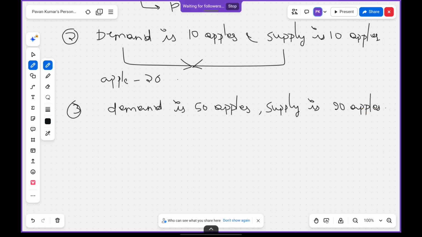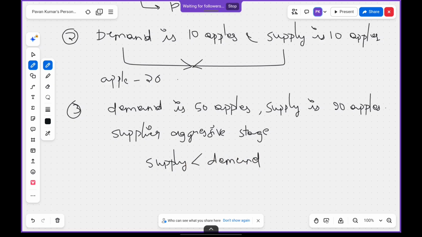So what will happen here? Who is standing tall here? The supplier is in the aggressive form. Why is the supplier in the aggressive stage? Because here supply is less than demand.